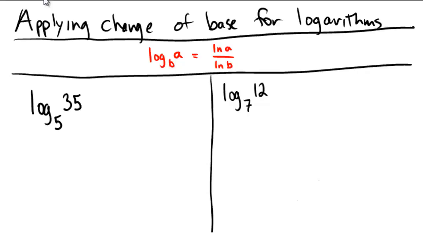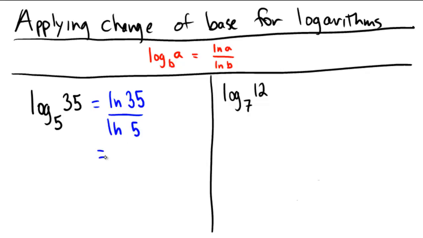I can tell that this is going to be a little bit more than 2, but not quite 3, because 5 squared is 25, which isn't big enough, and 5 cubed is 125, which is way too big. So by the change of base, it would be ln of the number 35 divided by ln of the base, which is 5.